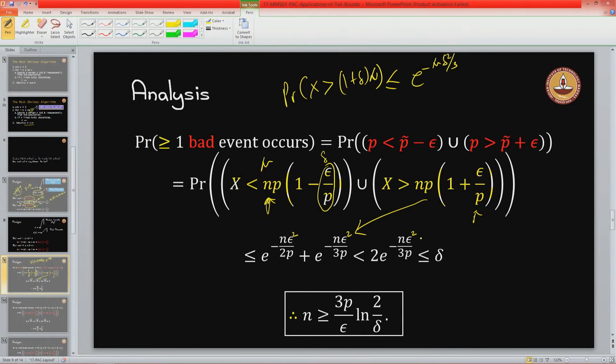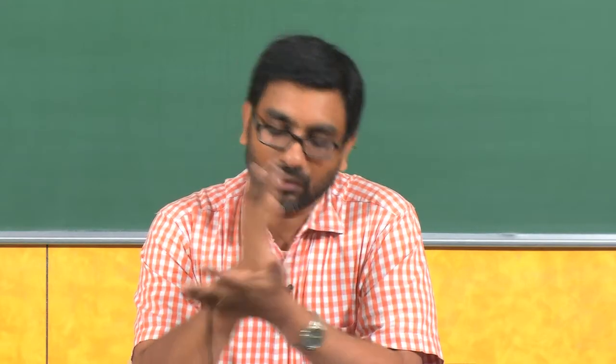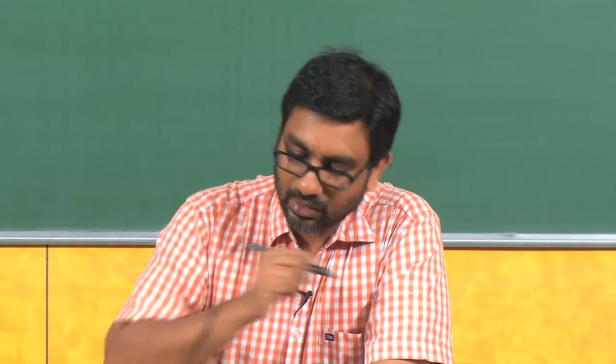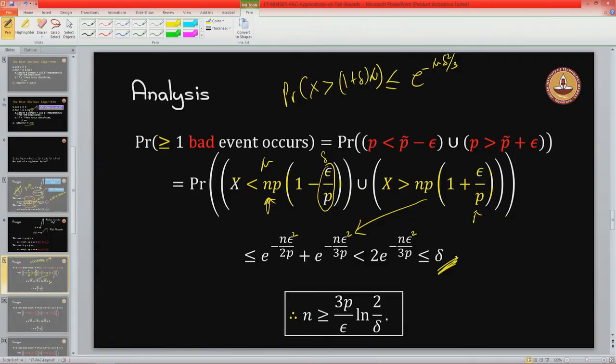Okay. And recall that we want to make sure that this probability is at most delta. Remember, this is one of the input parameters. The probability that we will get into a bad event should be at most delta. Okay. So that's where this delta shows up.